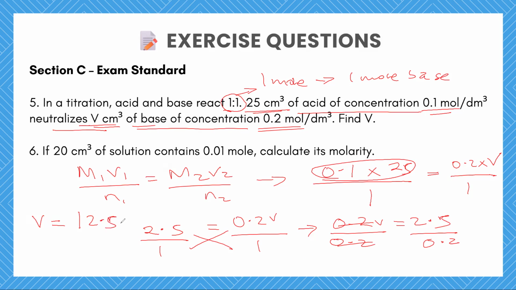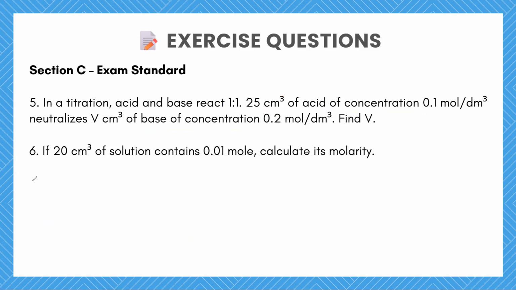Now, what would the unit of the volume be? From the question, we can see that volume was measured in cm cube. So we simply put our unit, cm cube. So the volume of the base used was 12.5 cm cube.